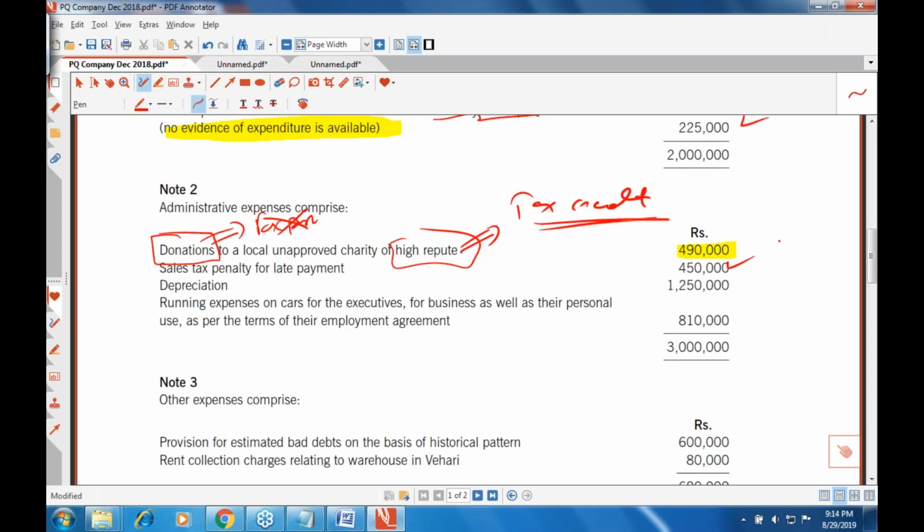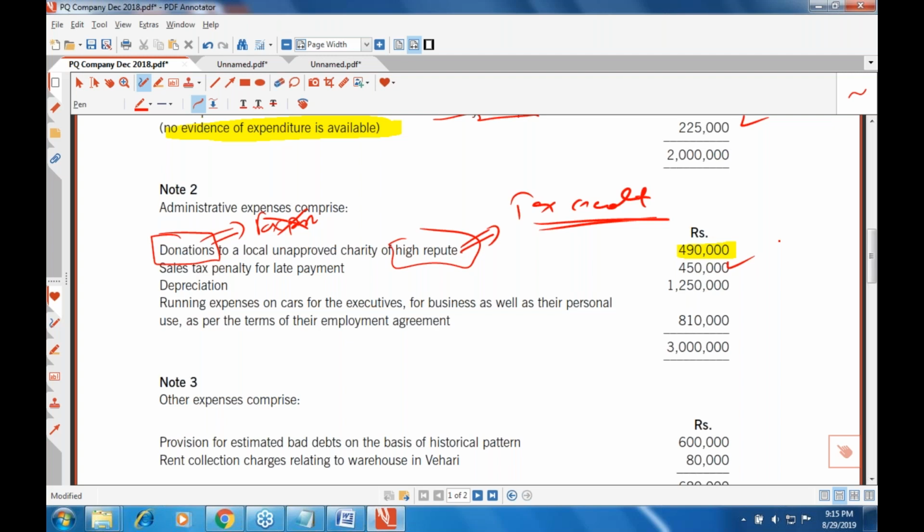So remember, if it would have been a penalty pertaining to your business contract, I'm repeating it again, then this penalty would have been a claimable expense. But the penalty that you have paid is not pertaining to your business expense, but instead it has been paid pertaining to the default or a problem with respect to your sales tax filing.